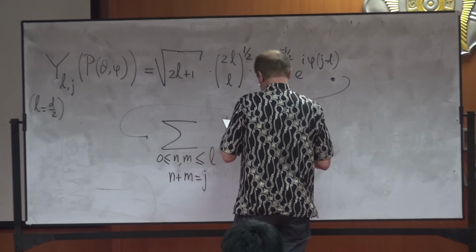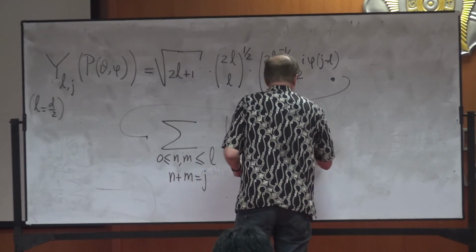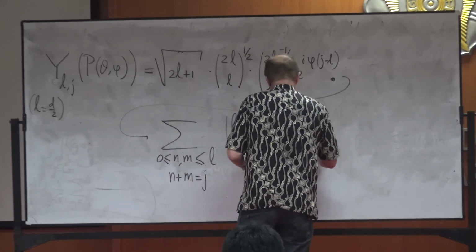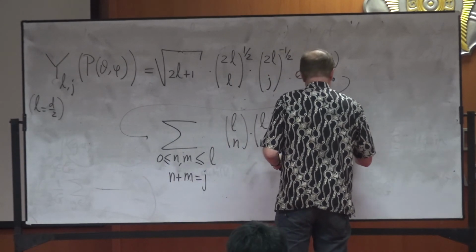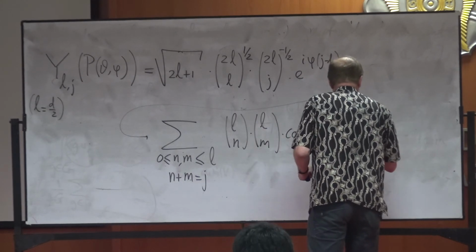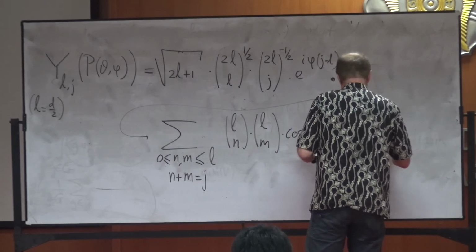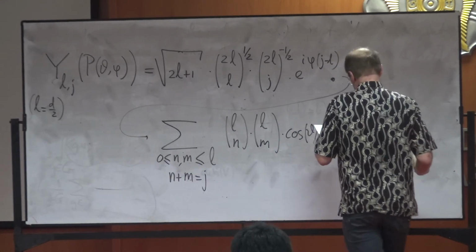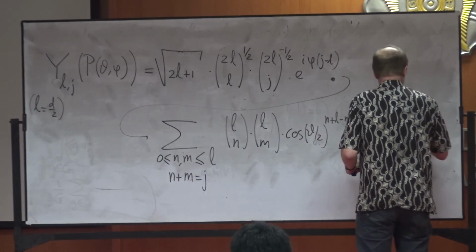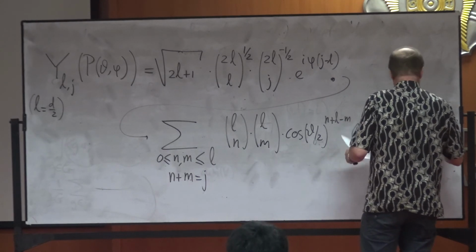And now comes cosine of theta over 2 to the power n plus L minus m, times i times the sine of theta over 2 to the power m plus L minus n. And now I can end.